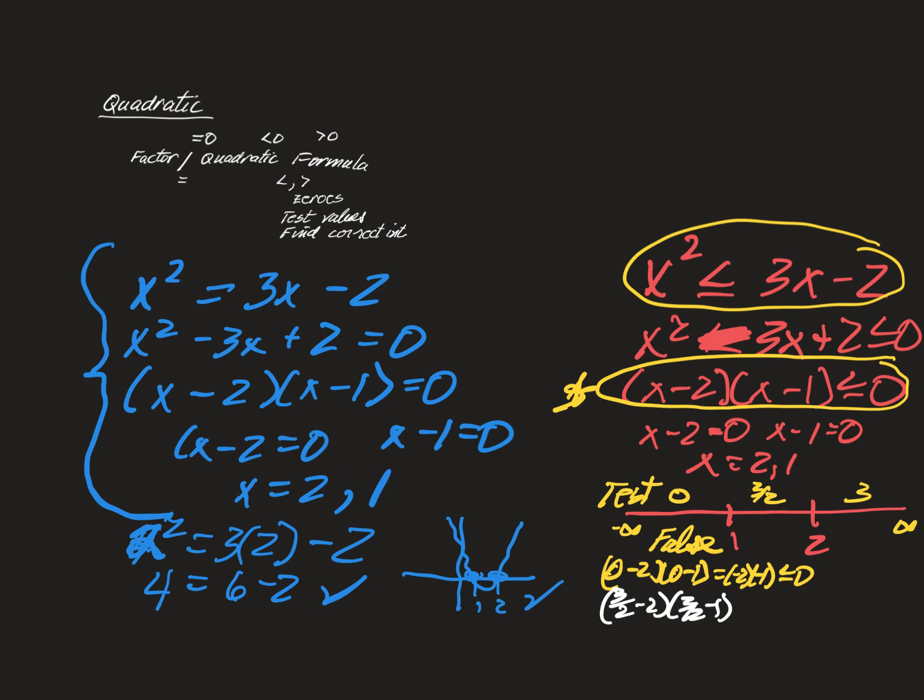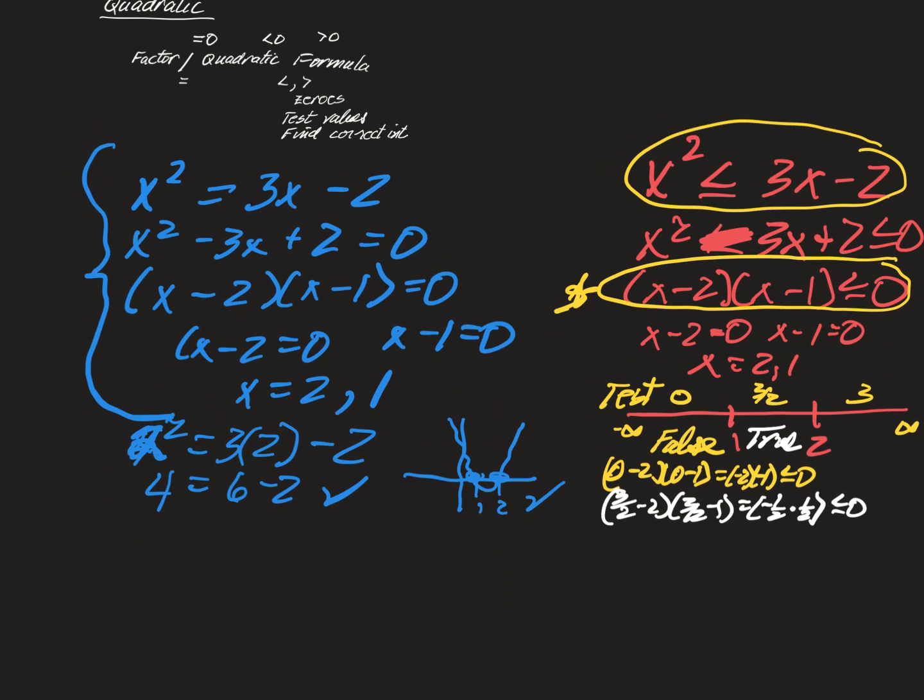That's 1.5 minus 2, which is negative 1/2, and 1.5 minus 1 is positive 1/2. So it's a negative times a positive. Is that less than or equal to 0? The answer is yes. This is true.